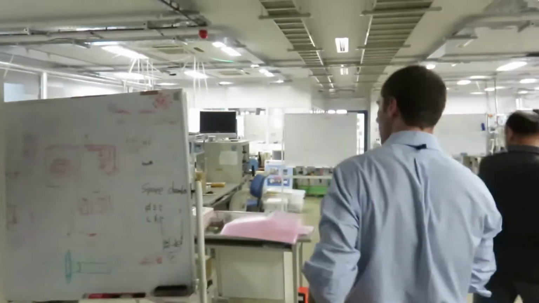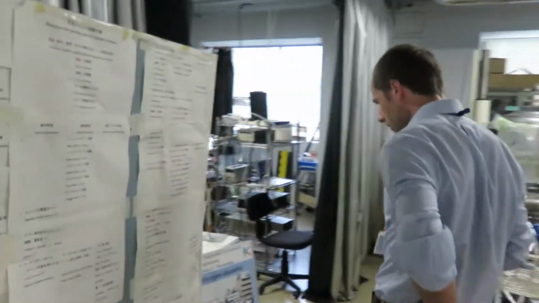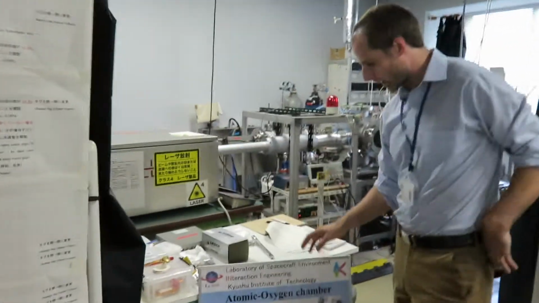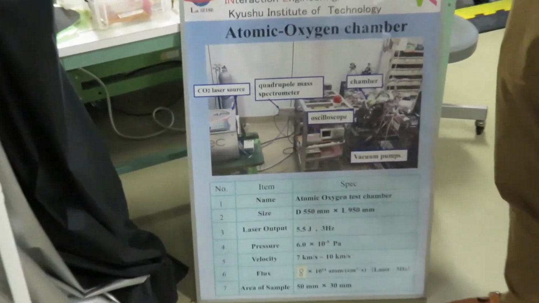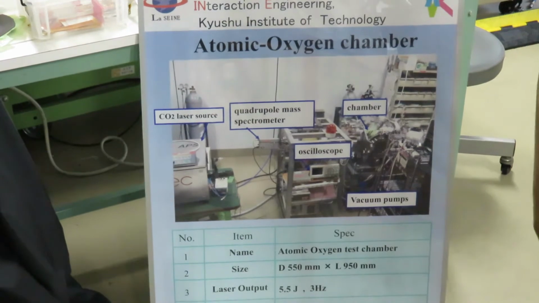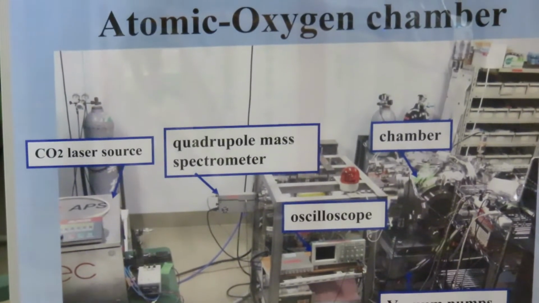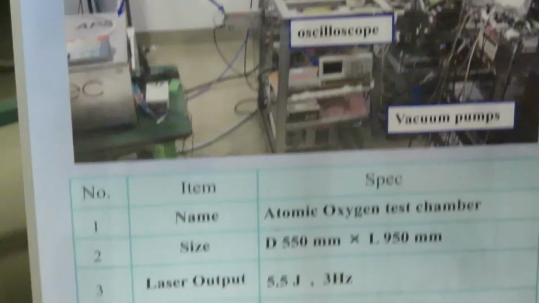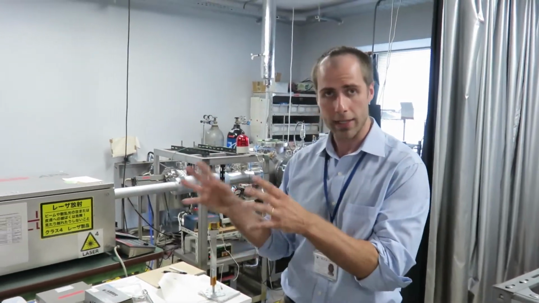So now we can talk about some of the auxiliary chambers that I mentioned. So let's start with the atomic oxygen chamber. As I mentioned before, when talking about LEO, in low Earth orbit, one of the primary plasma constituents is oxygen, because oxygen, particularly atomic oxygen, not diatomic.